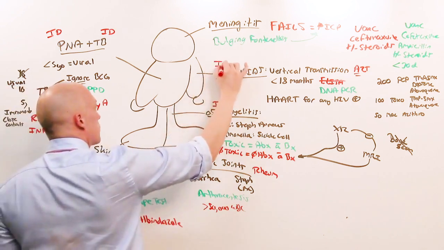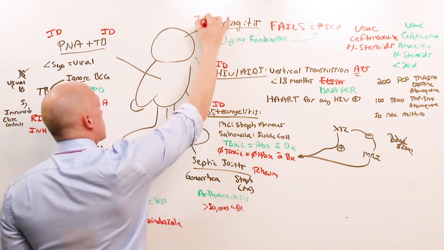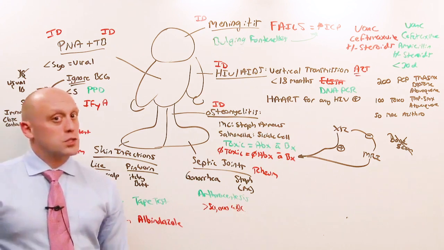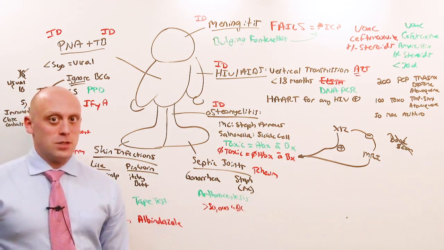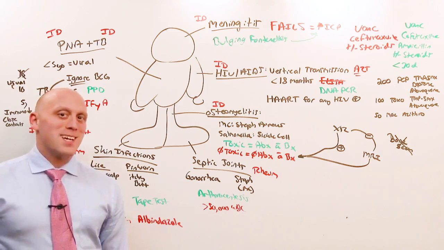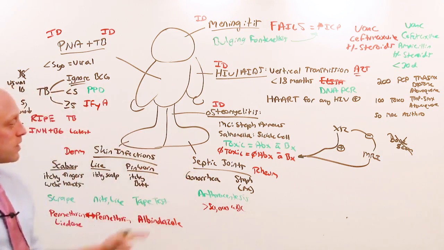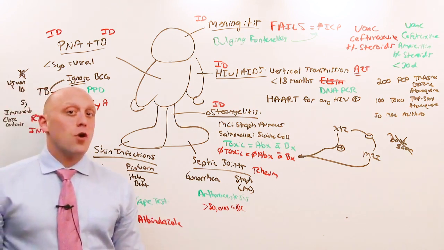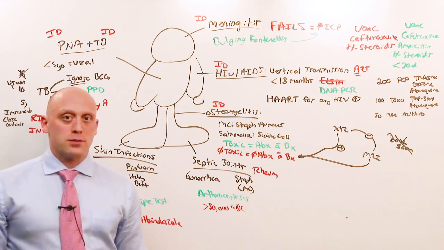HIV/AIDS has its own lecture in infectious disease. Meningitis has infectious disease. So you can see that you can go all over this course to start getting the details of this topic. But what I want you to get out of this is the highlights, the stuff you're going to get tested on and the pitfalls you might fall into having not already learned the medicine topics. That's Peds ID Review.